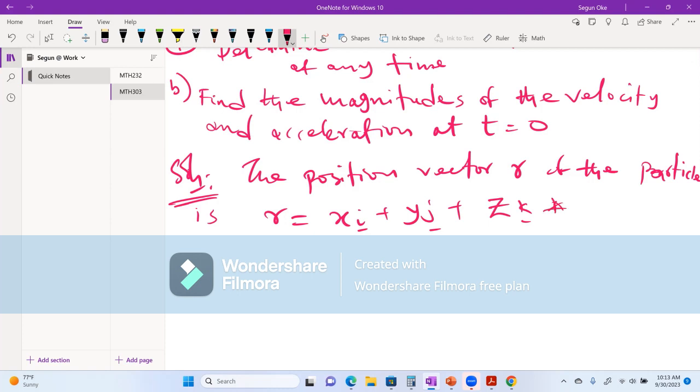This is what leads us to the dR/dt. But we cannot go ahead and solve this yet. We know our x, our y, our z. Substitute those values there. Our r will become e raised to the power minus t i plus 2 cos 3t j plus 2 sine 3t k. Any question?